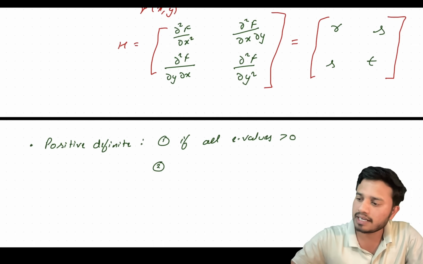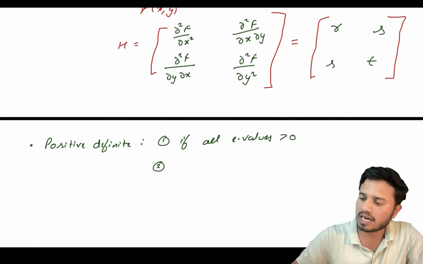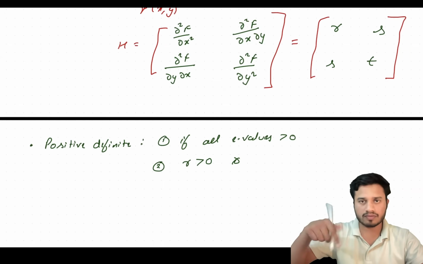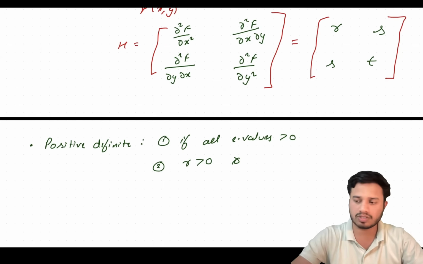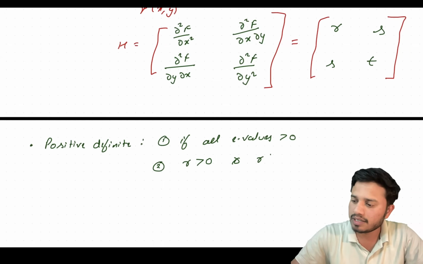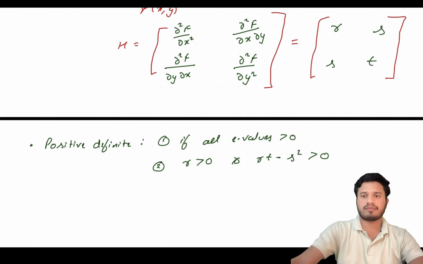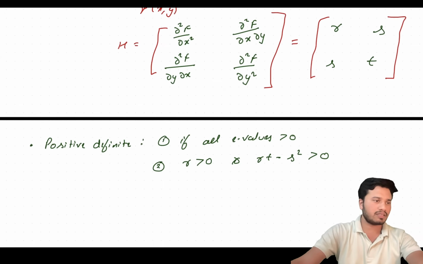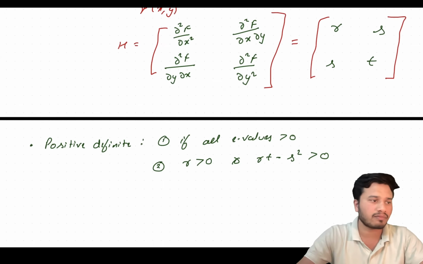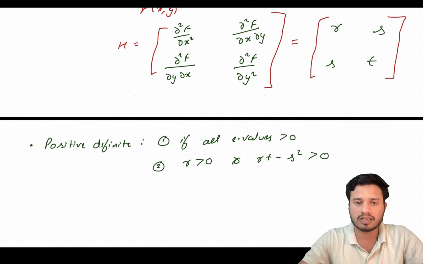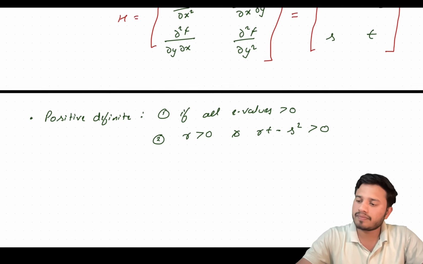The second condition is that this r is positive and the determinant of this 2 cross 2 matrix is positive, which is rt minus s squared, positive.